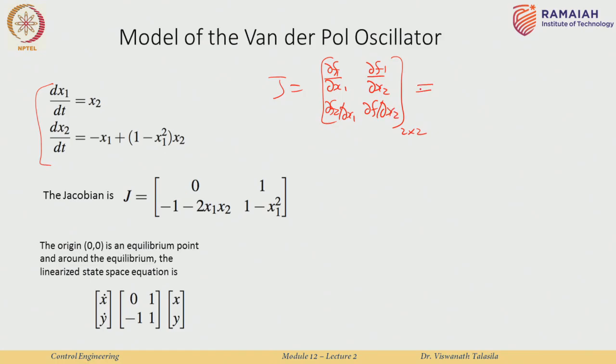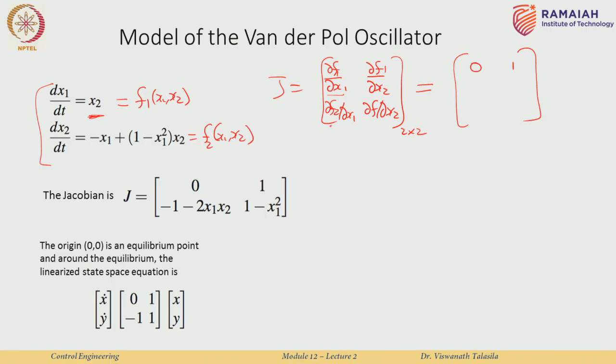So, this is my f1 of x1 and x2, in this case the x1 term does not exist, this is f2 of x1 and x2. So, when you take the partial derivative of this expression with respect to x1, since the x1 term does not exist, this is nothing but 0. When you take it with respect to x2, you simply get 1.